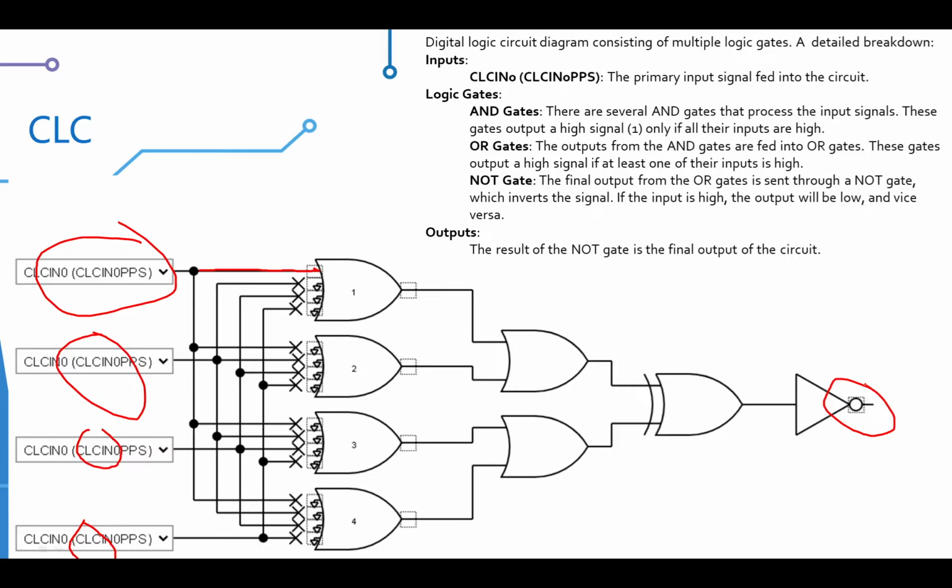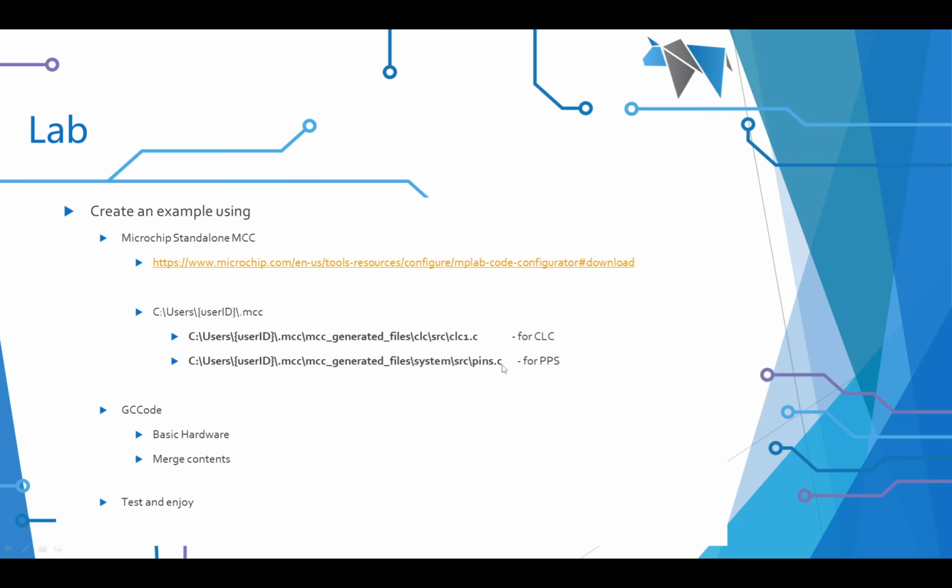So how do we get that inside of GCBASIC? That's the trick, and with ease, because you don't really want to be hacking around the data sheet trying to figure out all this stuff. I'm going to create an example.